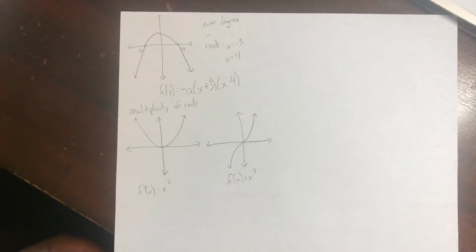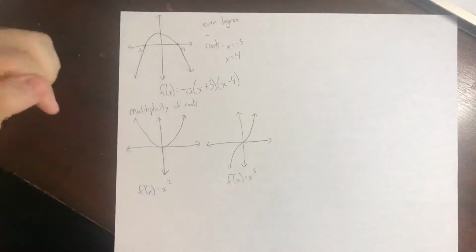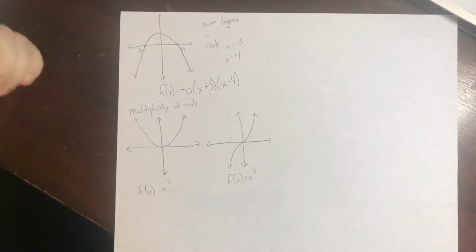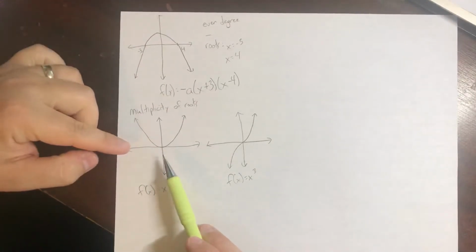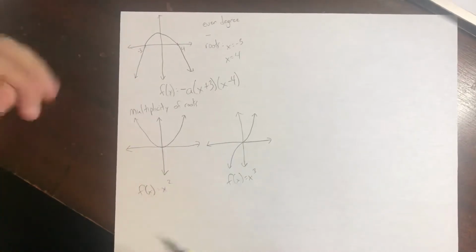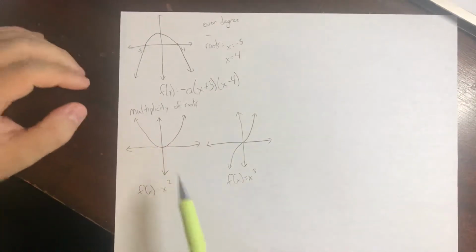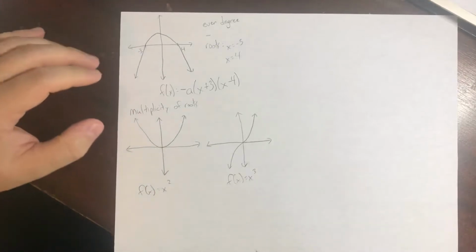Remember what we talked about last week: x squared says we have two roots. And if we have two roots, we expect our graph to pass through the x-axis twice, based on what we said last week. Well, this is where we come into multiplicity of roots.